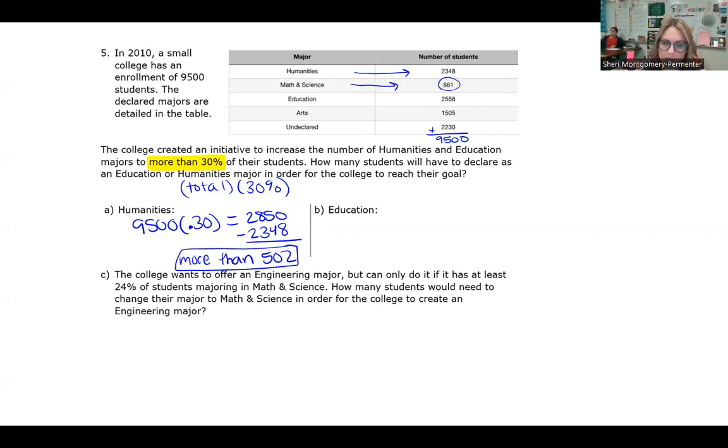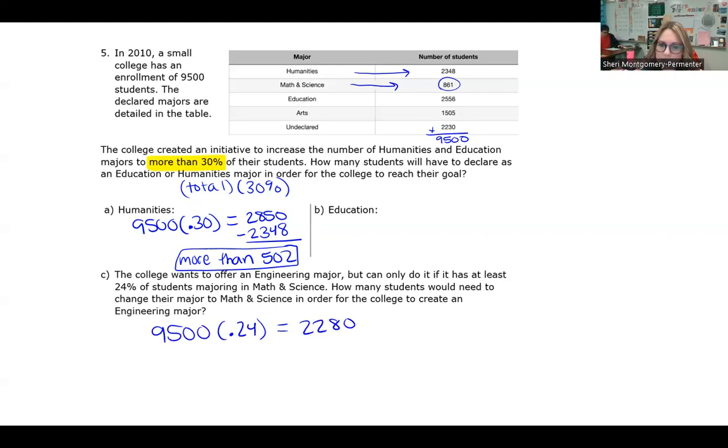Okay. How many students would need to change their major to math and science in order for the college to create the engineering major? Well, first we got to find 24% of the total. We already know the total. Total is 9,500. So we have to find 24% of 9,500. $2,280.